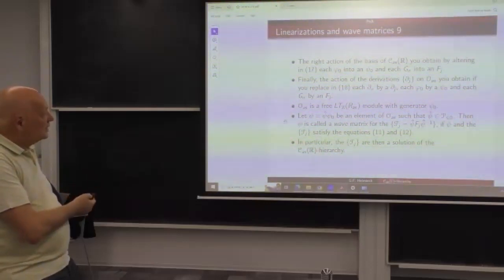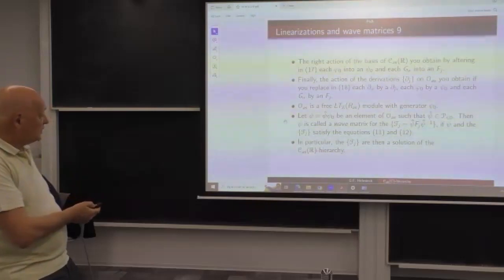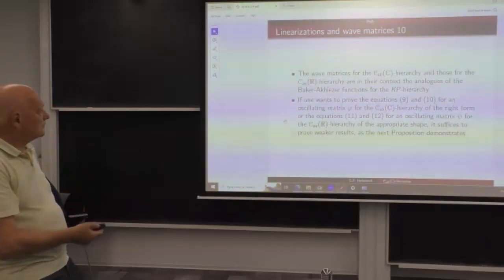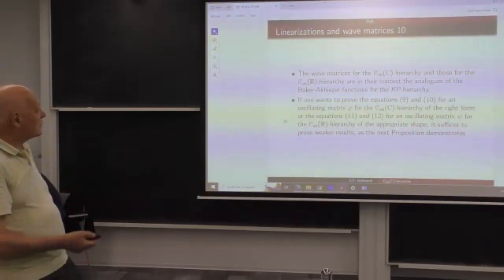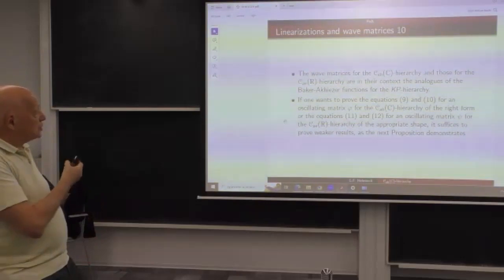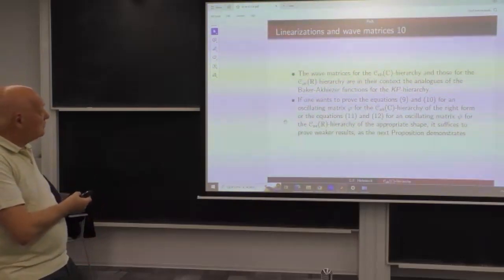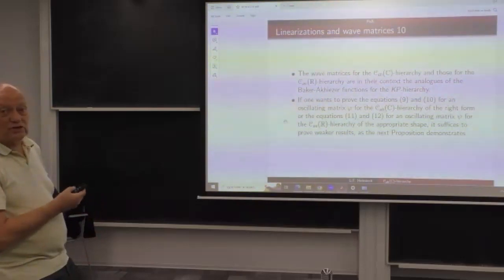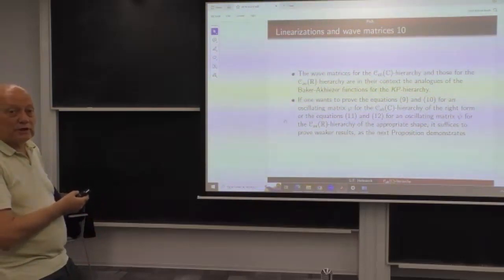For the calligraphic Fj are a solution of the hierarchy. And those wave matrices are an analog for the present situation of the vector Baker-Akhiezer functions for the KP.